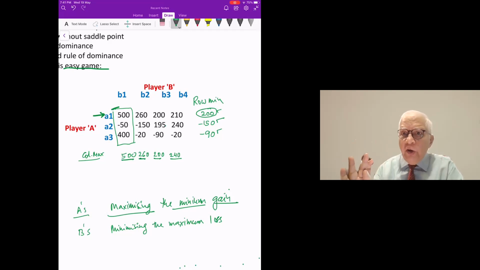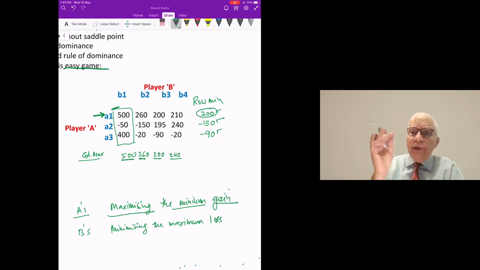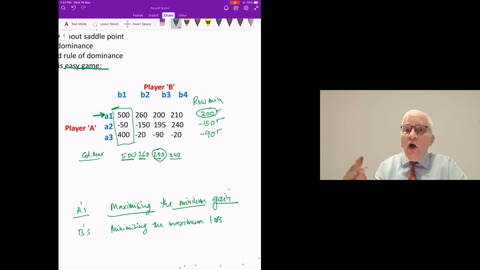This is the maximum loss by playing strategy B1, B2, B3, B4. Out of this, which is the minimum? This is the minimum value of maximum loss, minimizing the maximum loss. This is the strategy of player B. Therefore, this is the optimal strategy, that is B3 is the optimal strategy for player B.